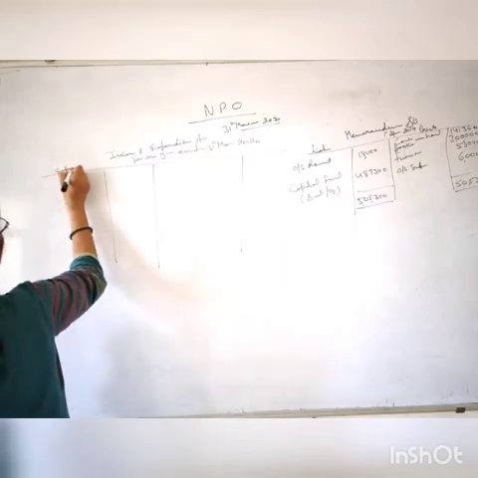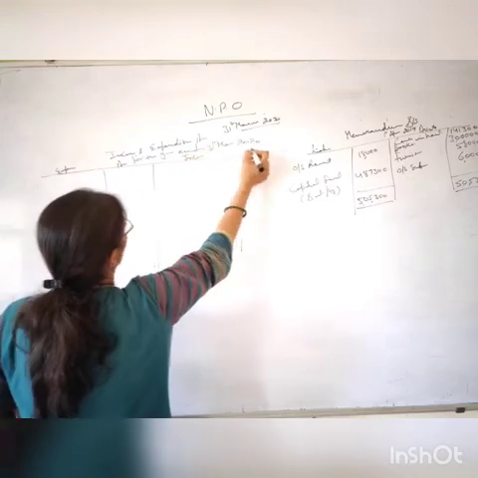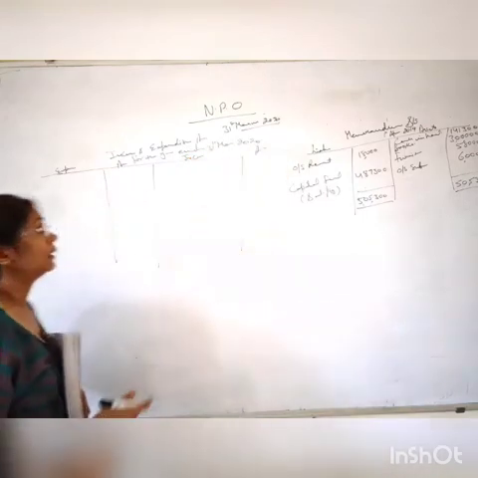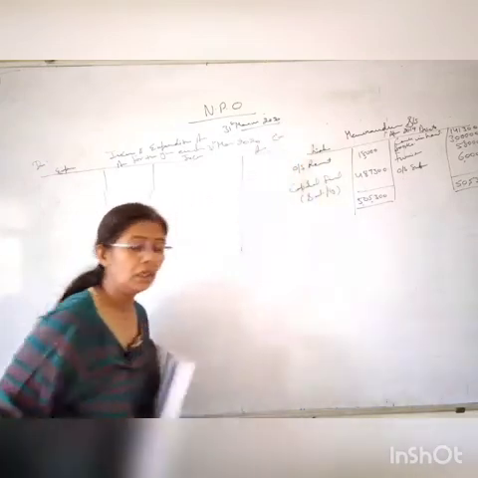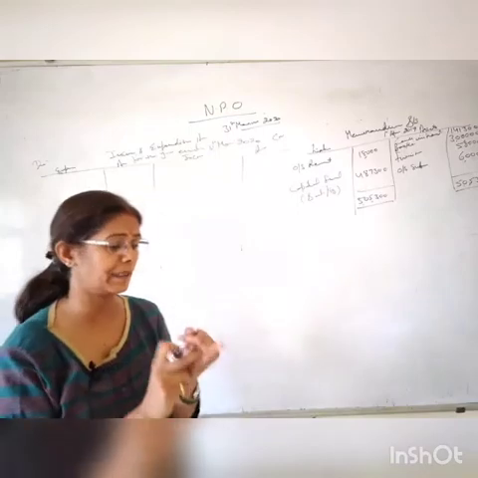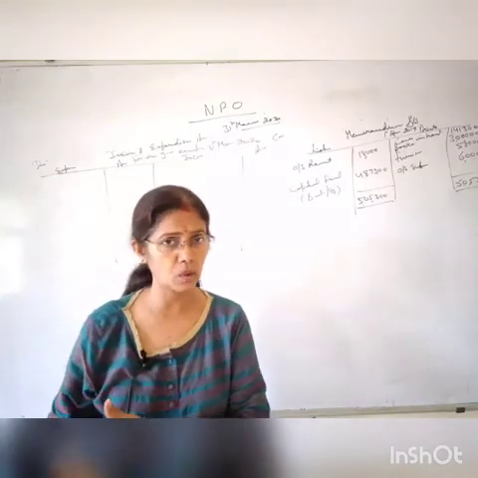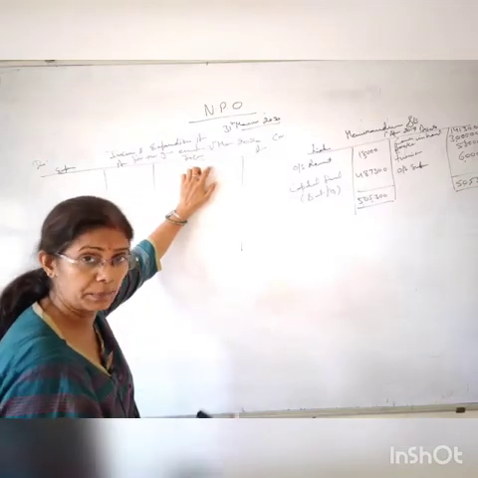This is your expenditure side and this is your income side. This is debit and this is credit. Students, I am reminding you once again, I have told you receipt and payment is like a cash account, but income and expenditure is like your trading and P&L account.